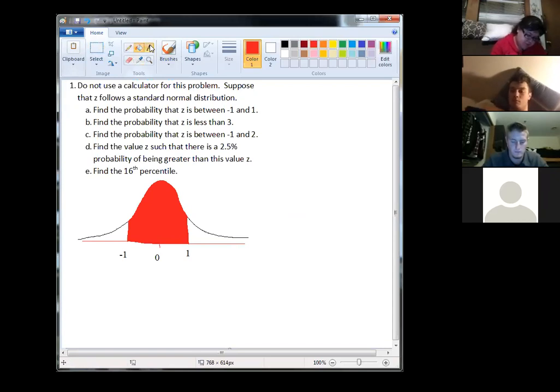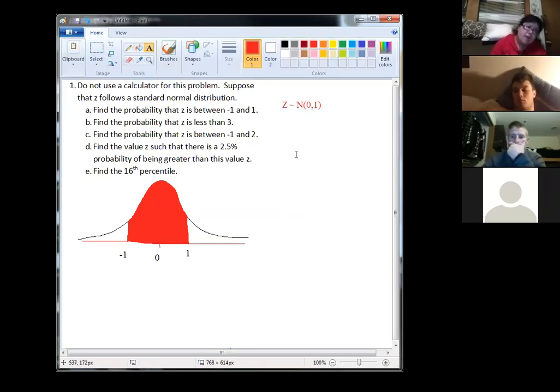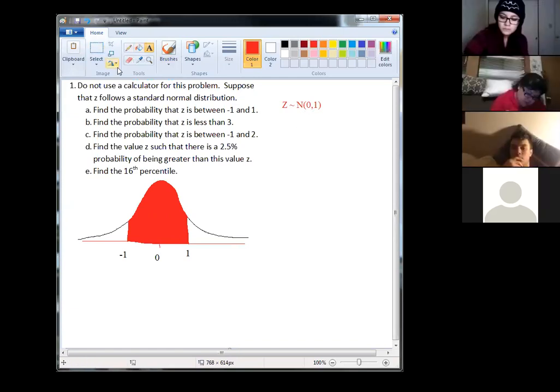The other thing I want to do is write the following. I'm going to say Z ~ N(0, 1). So when I ask you to write down the distribution, that's what I mean. Z ~ N(0, 1) in this case because it's standard normal. So now, what is the area between -1 and 1? And this is something that hopefully you all should know because I told you already today.